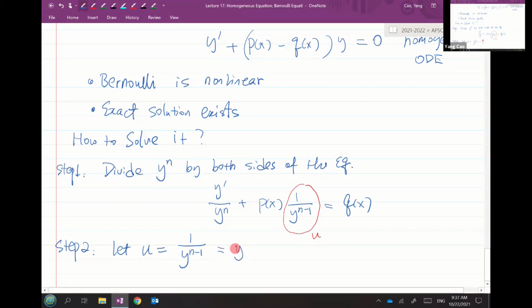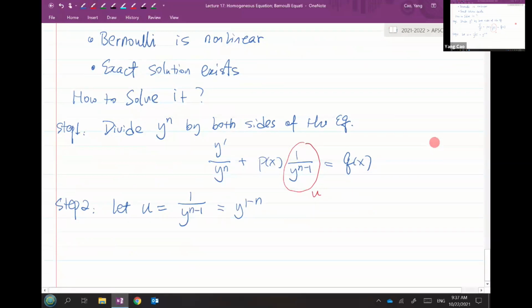This is equivalent to being written as y to the power of 1 minus n. The objective, remember, just like with the homogeneous equation, when you introduce a new variable, is to rewrite the original differential equation, instead of in terms of y, now in terms of u. That's the objective.